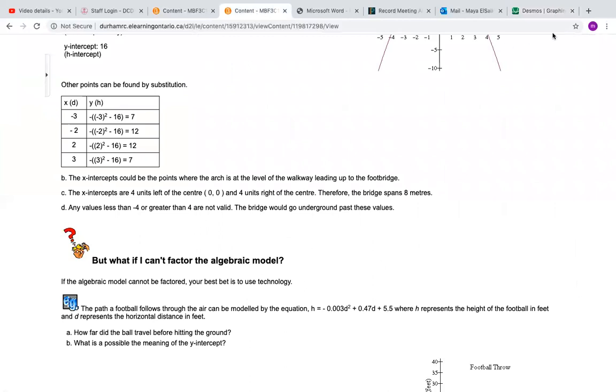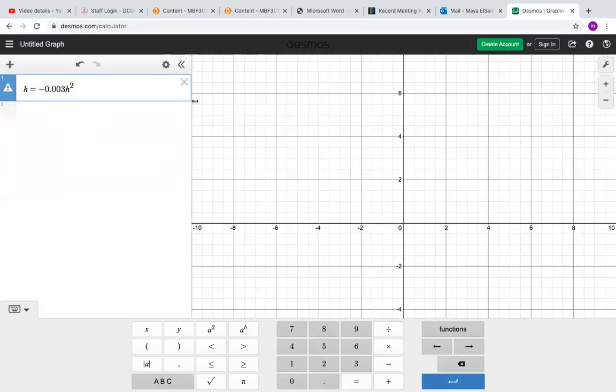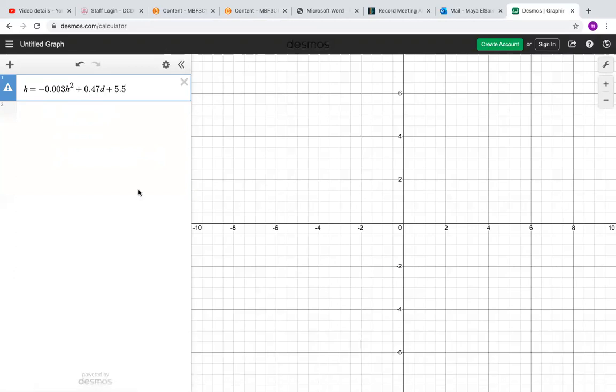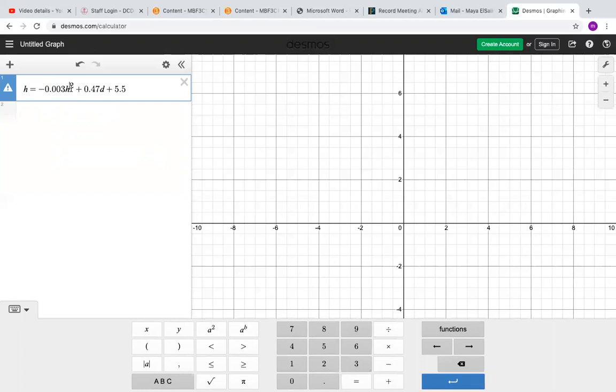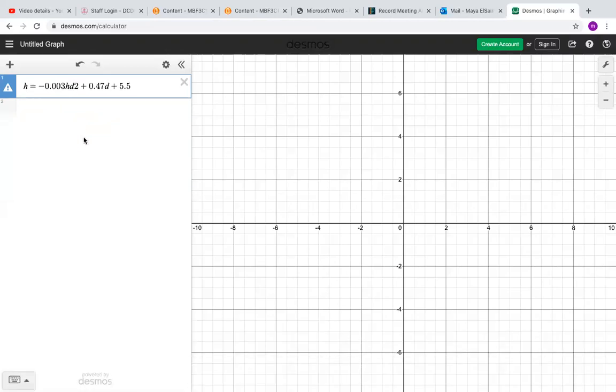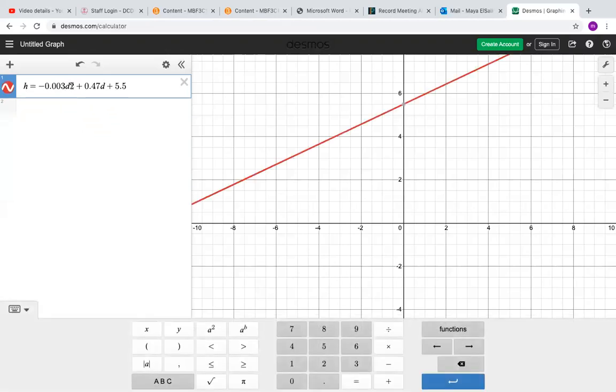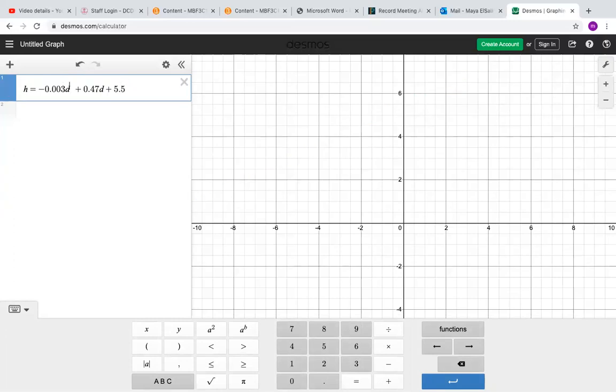Plus 0.47d plus 5.5. And let's see, okay, so we have to write it in x, sorry, that's going to be a d on here. That should work. There we go.